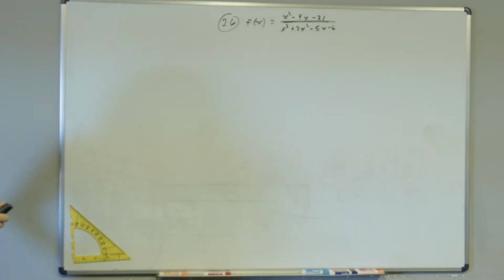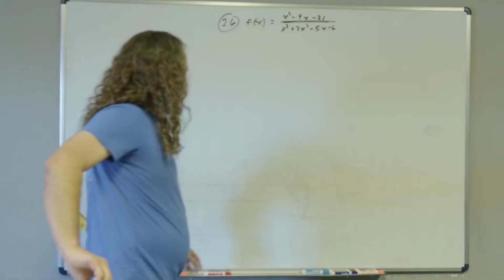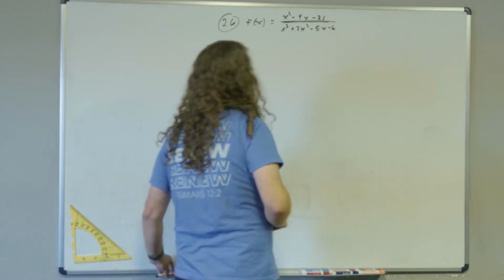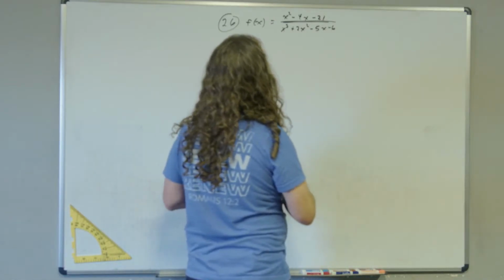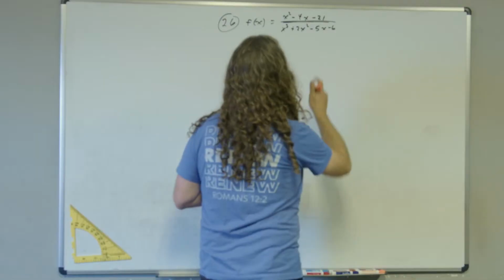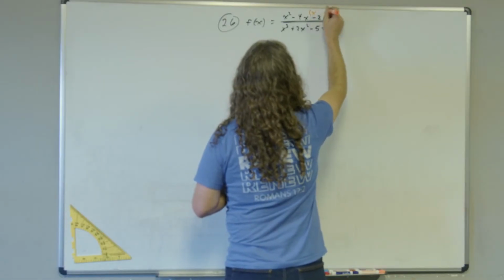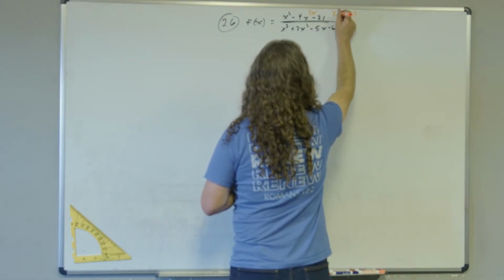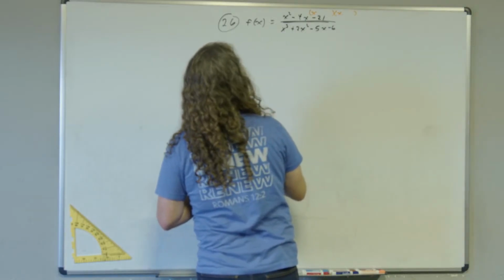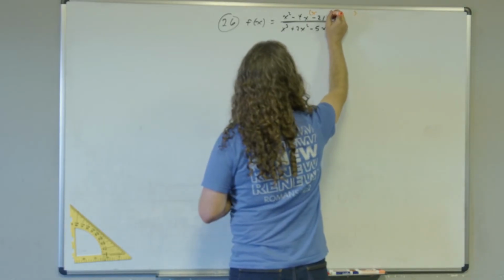Factor out the denominator, and the numerator for that matter. Let's factor out the numerator. Start there. That one's easy, assuming it's factorable. x, and then 7 and 3, right?